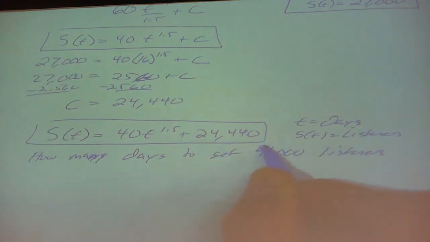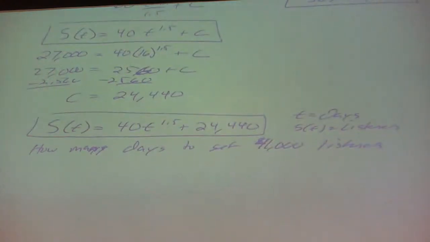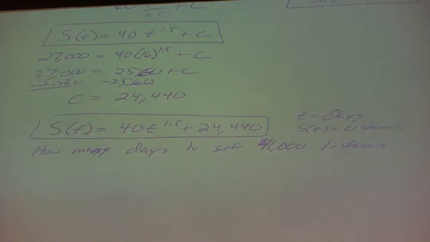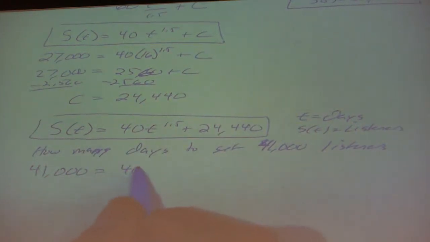So be careful. Will the 41,000 go in for T or for S of T? S of T. So 41,000 equals 40 T to the 1.5 plus 24,440.